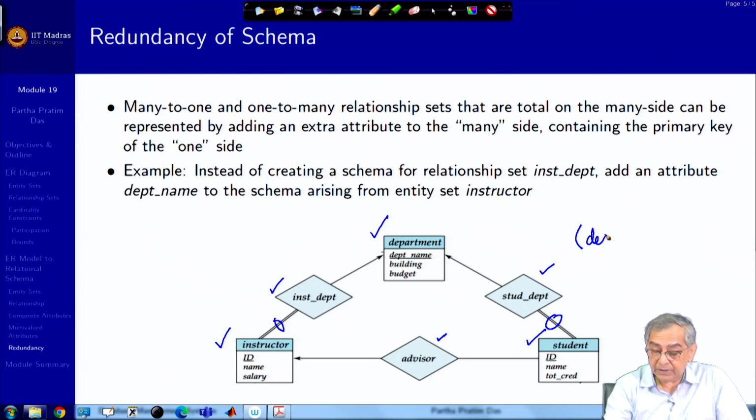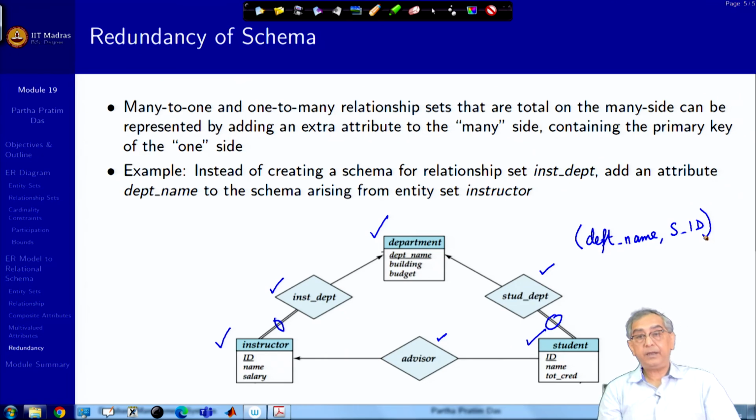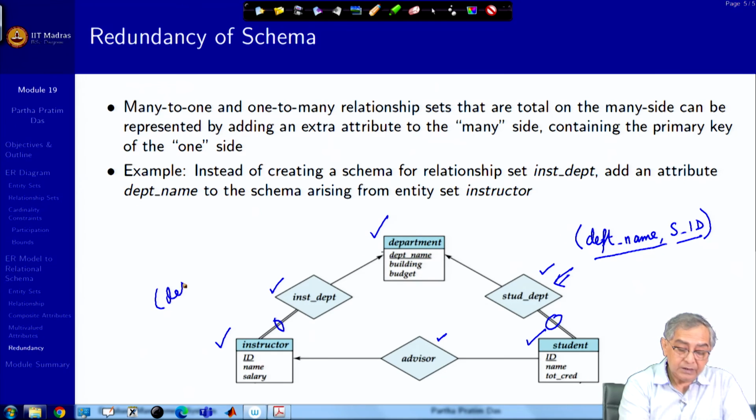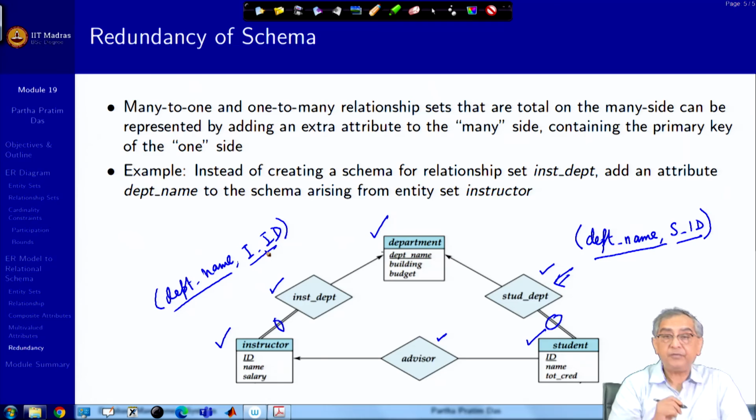When I put it into the relational schema, it becomes department name and SID, both of them together is the key, that is this relationship. And this one is department name and IID, both of them are key.